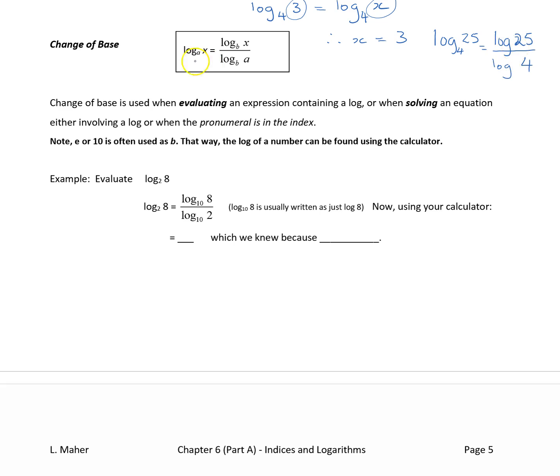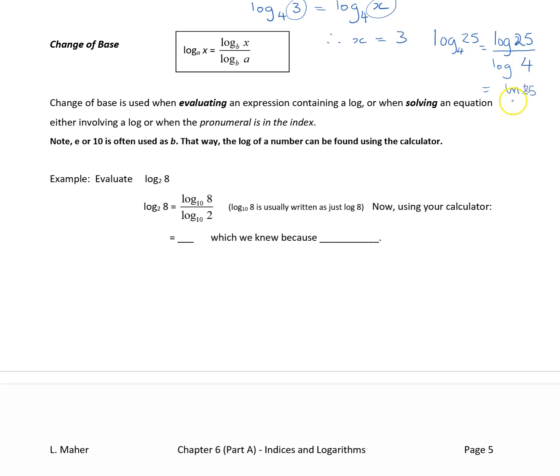So, the advantage of the change of base is I get to choose the base that I convert this log expression into. I could have similarly chosen base e, and remember the abbreviation for log to base e is ln.